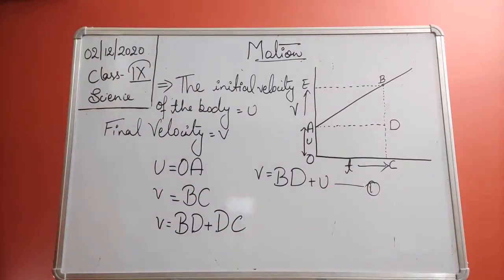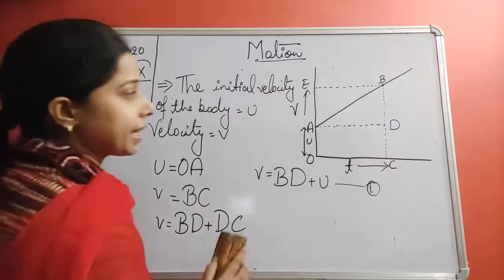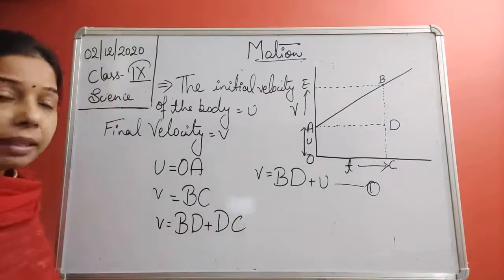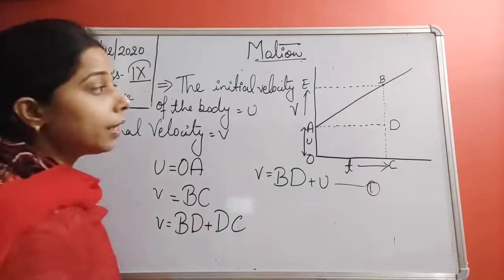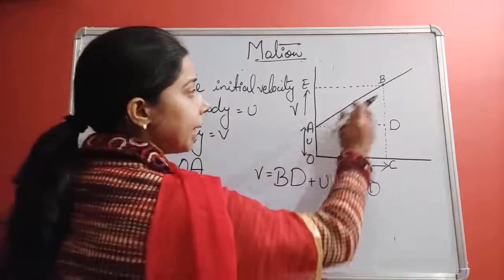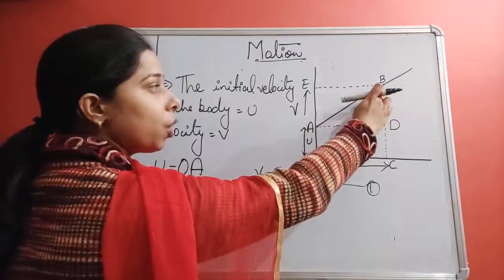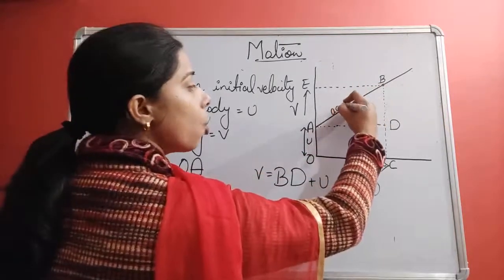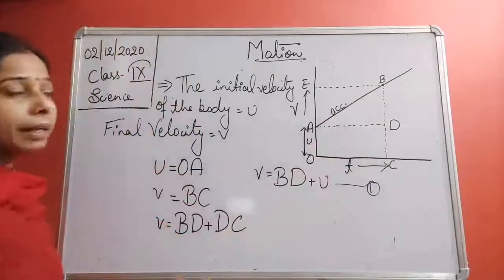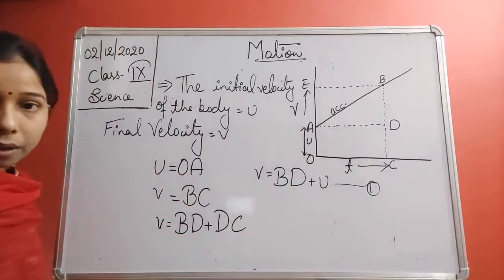Now what we have to do, we have to find the acceleration. And how can you find the acceleration? Acceleration is the slope, that is AB. Here the velocity changes from one value to another. So ultimately the slope of the graph will help us to find the acceleration of the body.